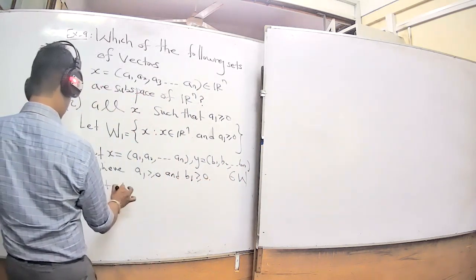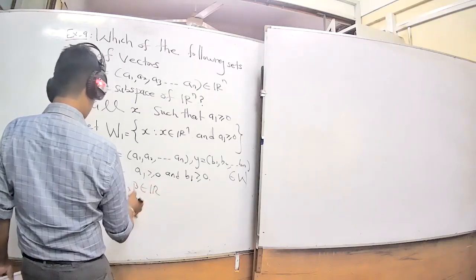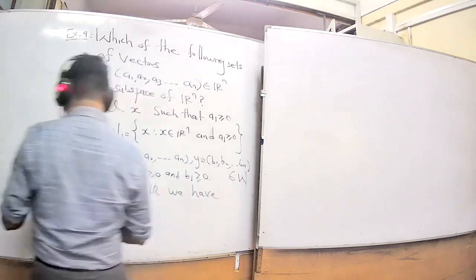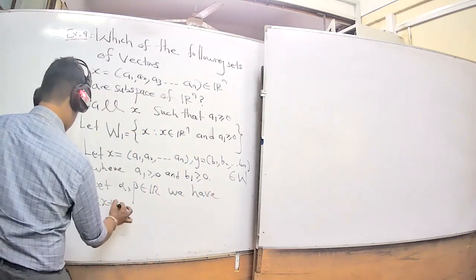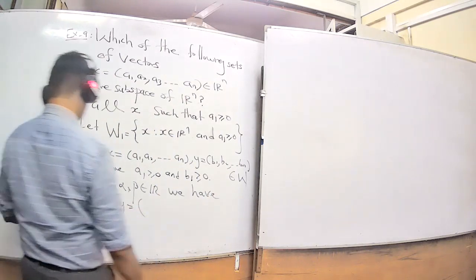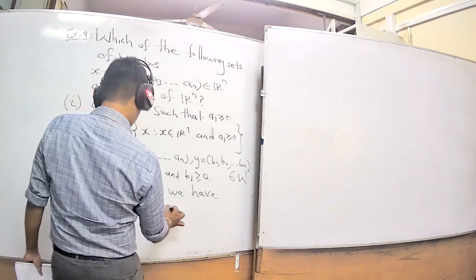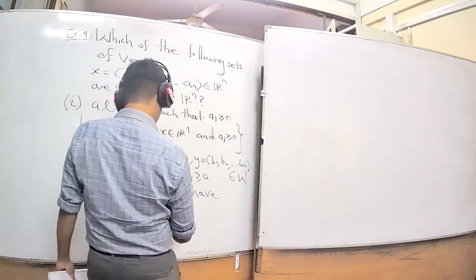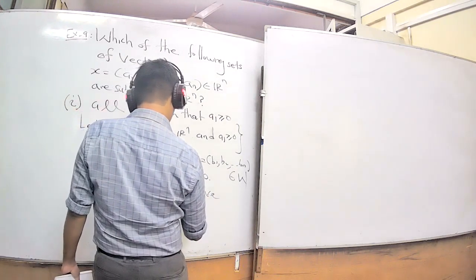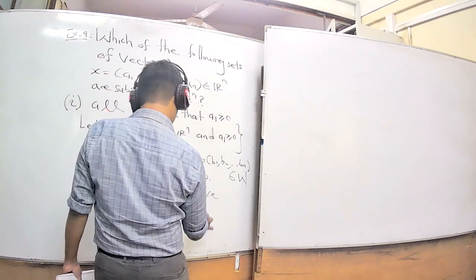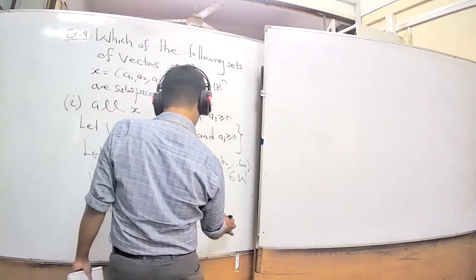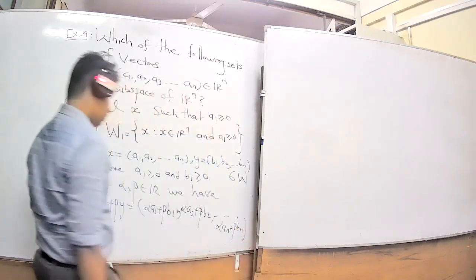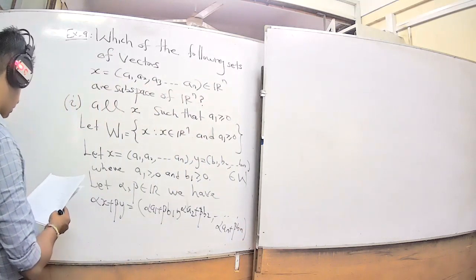Let alpha, beta be two scalars belonging to the reals, since the field is real. We have alpha x plus beta y, which is (alpha a1 + beta b1, alpha a2 + beta b2, and so on, alpha an + beta bn).